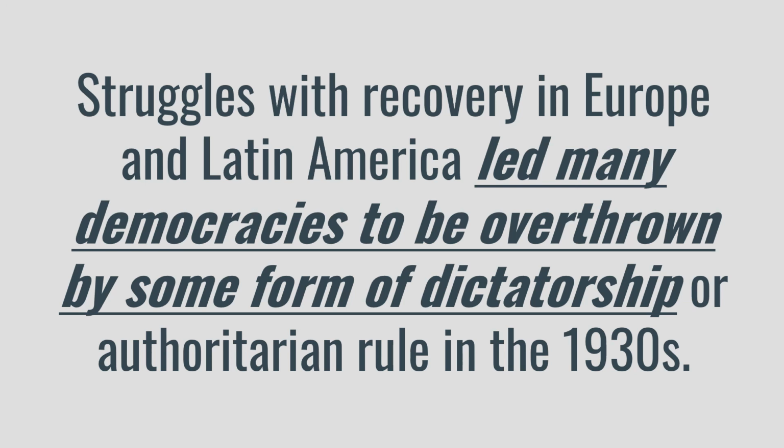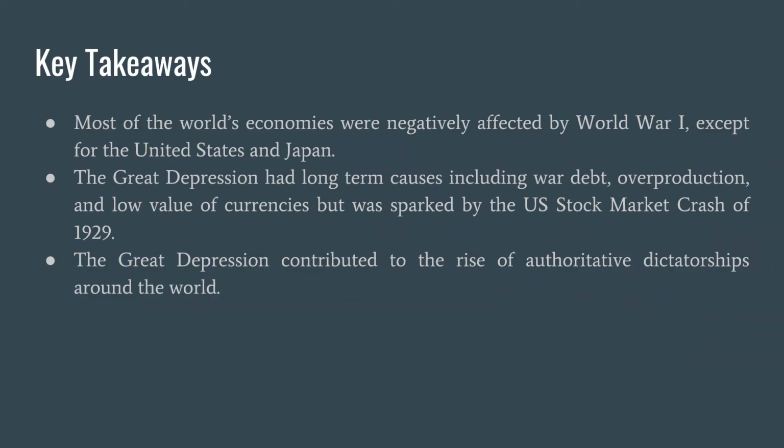Most notably, we are going to see Adolf Hitler in Germany. We are going to see Mussolini in Italy. So a lot of these countries that had been democracies struggle in the Great Depression, and then ultimately we start to see a change in government and power.